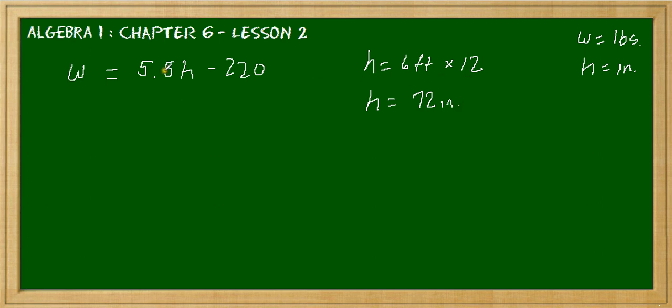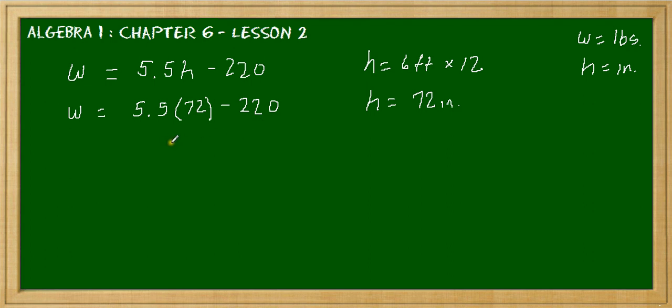Okay, so let's plug that into our equation, and what we're going to get is W. Now they're not putting the W, but I'm going to keep it in there. 5.5 times 72 minus 220. Now if we do this calculation, we should be able to determine what the normal weight of an individual is who is 6 feet tall.